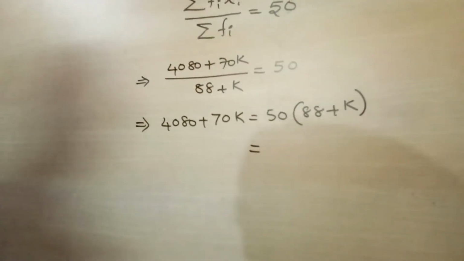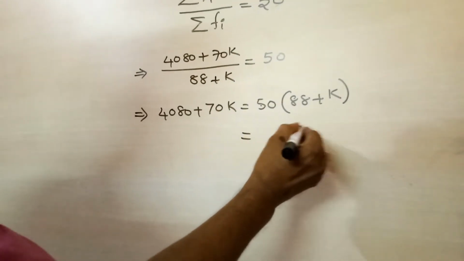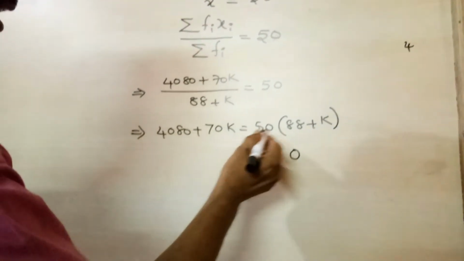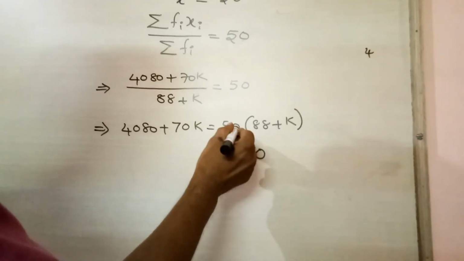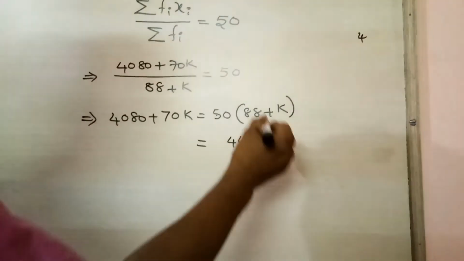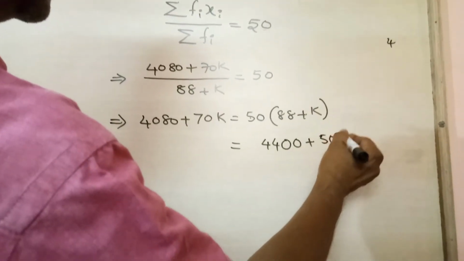Multiply: 5 eights are 40, 5 eights are 40, 44. Here we have 0, so 4400, plus 50 into k, 50k.